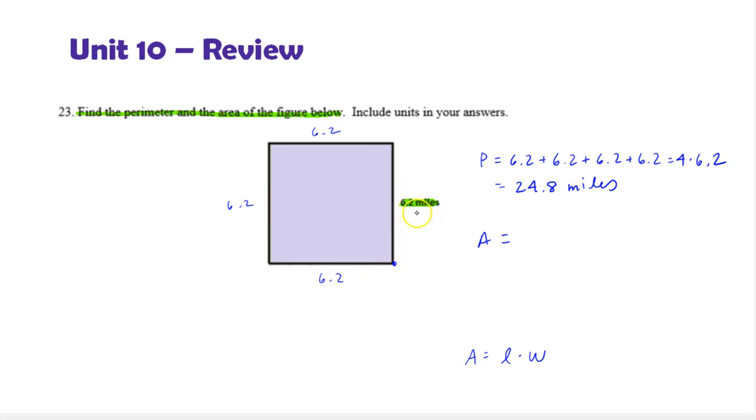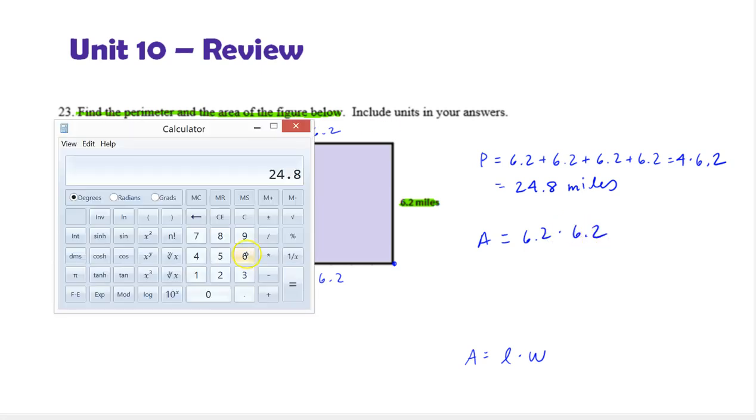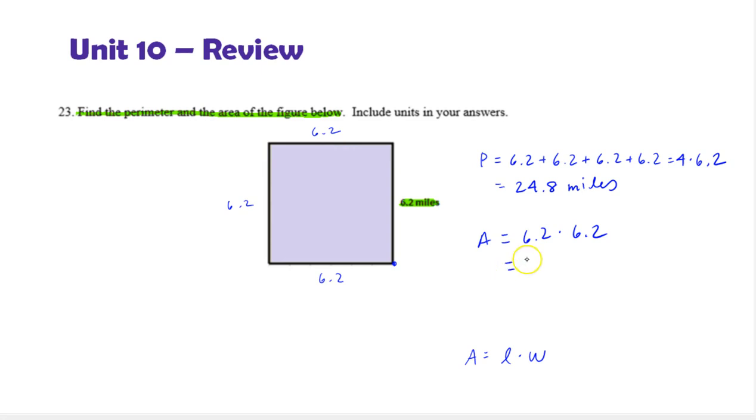So you multiply 6.2 times itself. 6.2 times 6.2 is 38.44, and this would be miles squared. So this is another way we indicate the square unit. This means we're measuring this in little square miles.